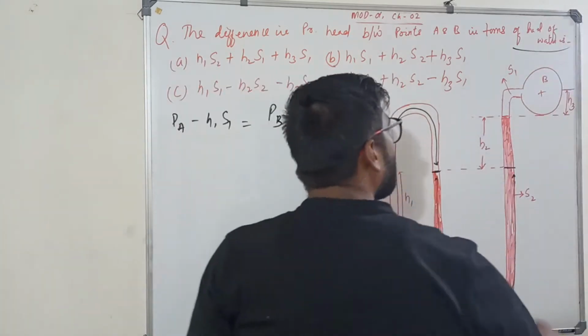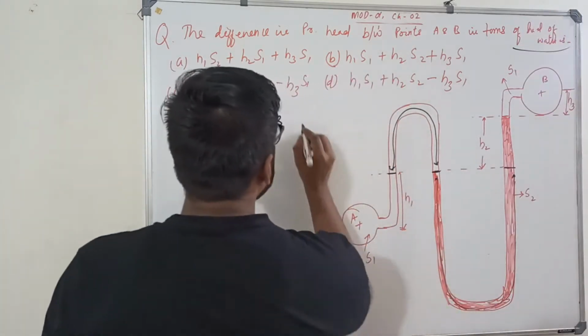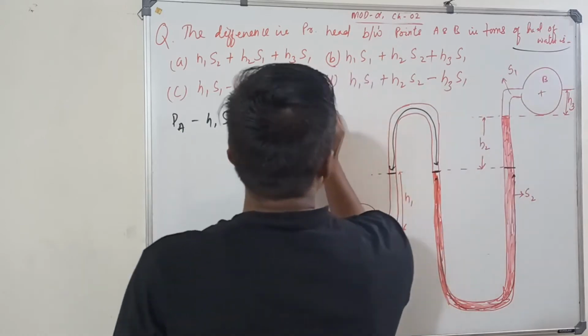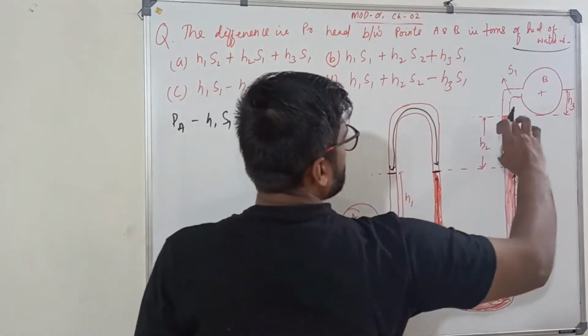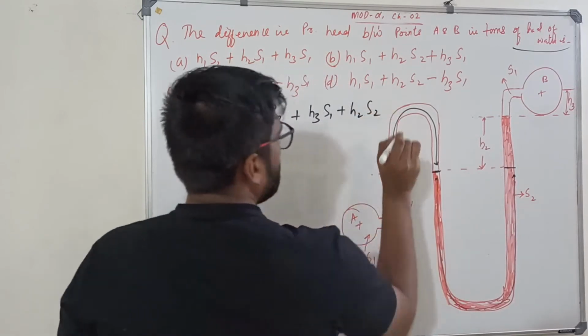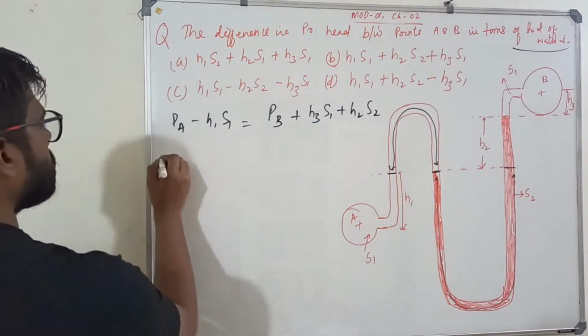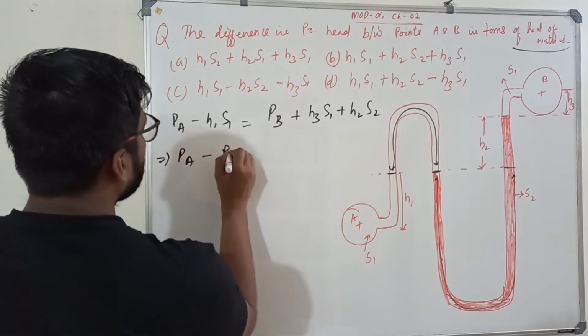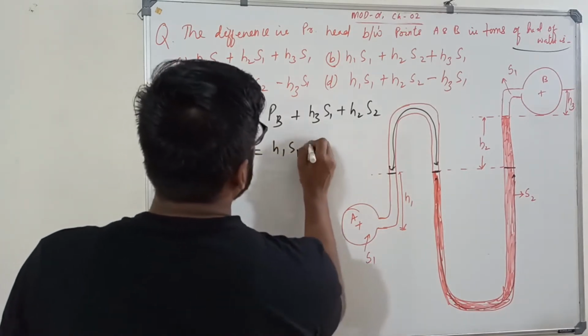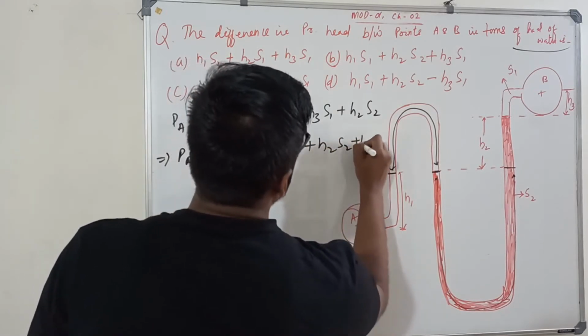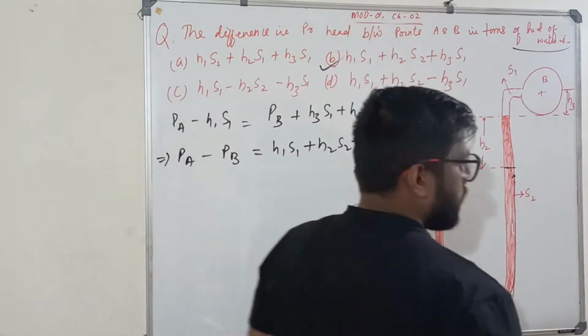Now we are coming down, so positive, plus H3 S1, height H3 this much, plus this height H2 S2. So PA minus PB equal to H1 S1 plus H2 S2 plus H3 S1, option B, correct.